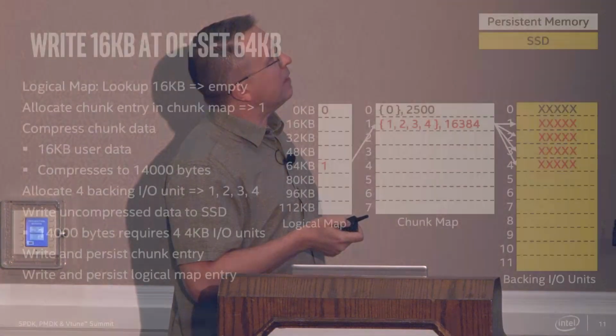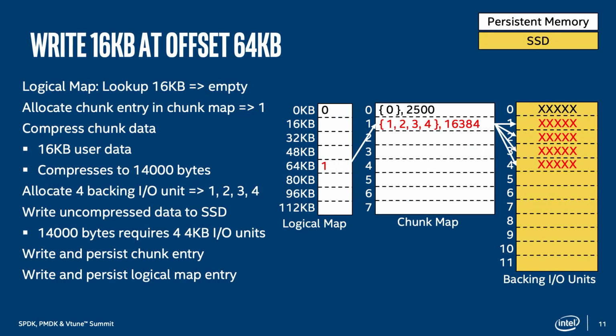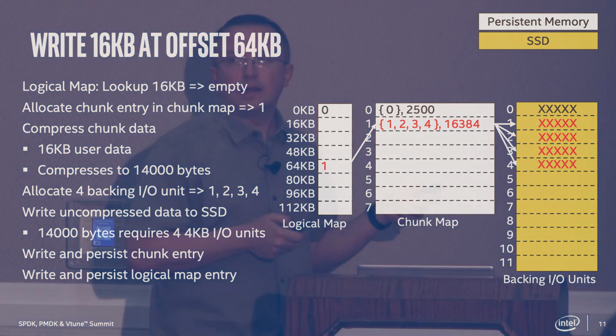Okay, so now this is another fairly simple case. Now we're writing 16K at an offset. That's why we've got this example in here. So we're writing the full 16K. In this case, though, we try to compress it, and it compresses to 14,000 bytes.